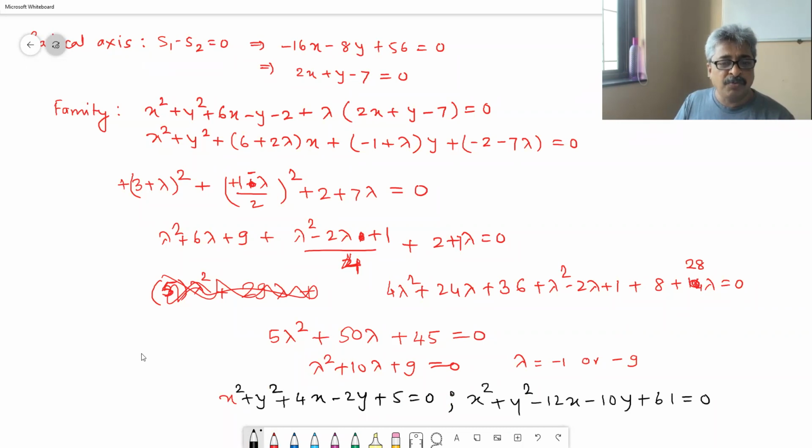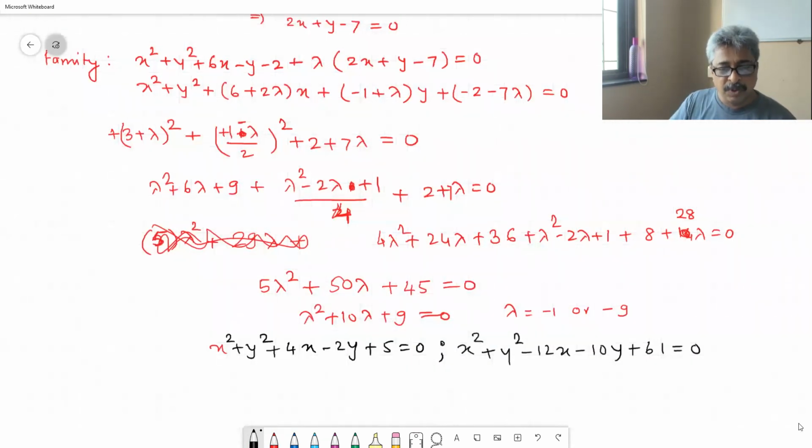And if you happen to find the centers of them, it is minus 2, 1 and 6, 5. Then 4 plus 1, 5 minus 5, 0. 36 plus 25, 61 minus 61, 0. Okay, so these are the zero circles.